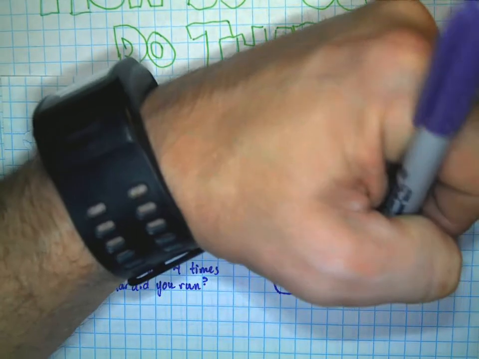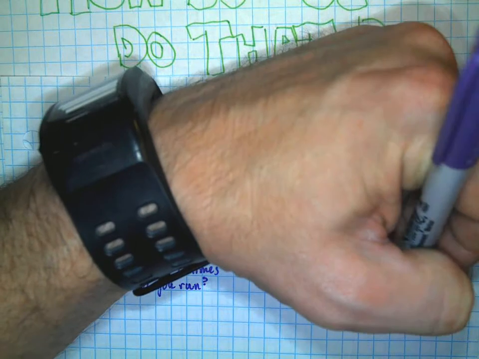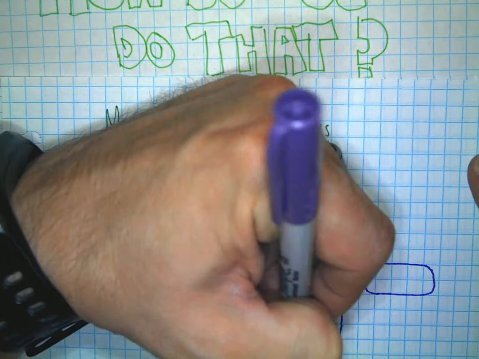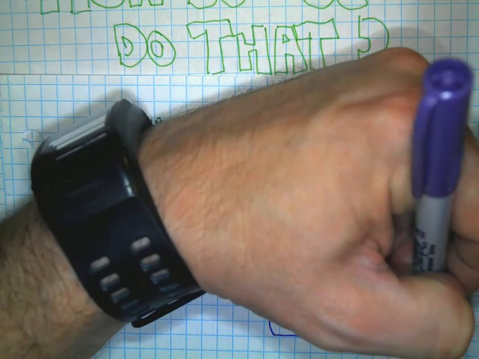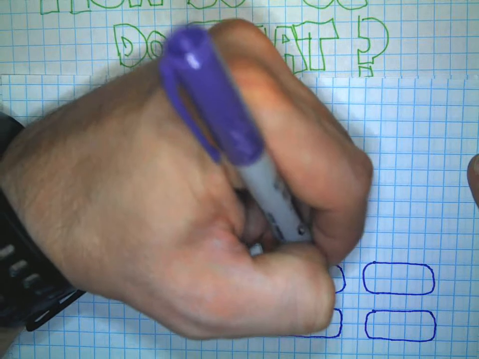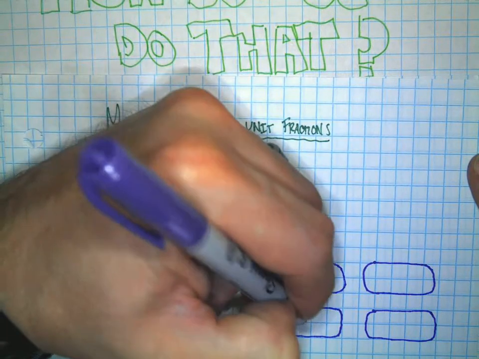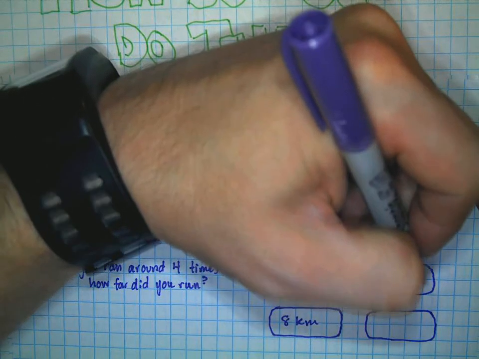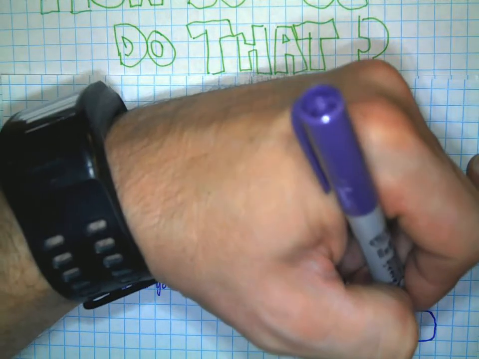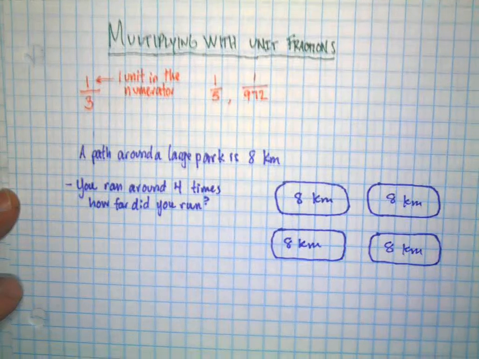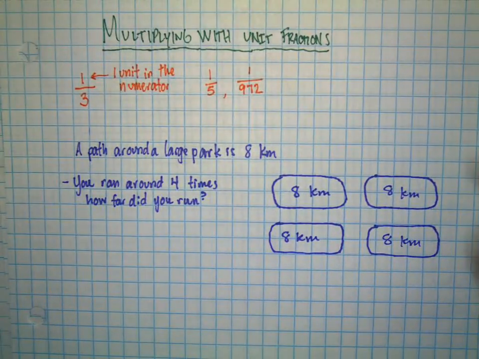So the very first thing is, well, let's just make a path. We're going to say, well, this one's 8 kilometers. This one's 8 kilometers. This one's 8 kilometers. This one's 8 kilometers. And if we know that each path was exactly 8 kilometers, then we could come up with some kind of problem here.